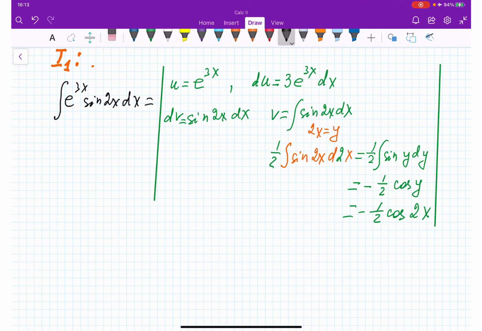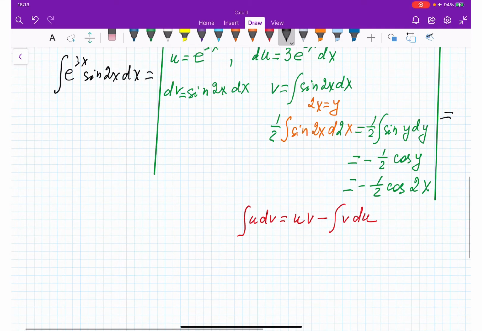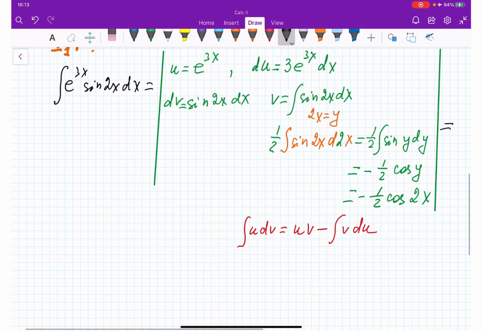Now from here, I'm going to apply the formula we know: the integral of u dv is equal to uv minus integral v du. So this is the method of integration by parts.